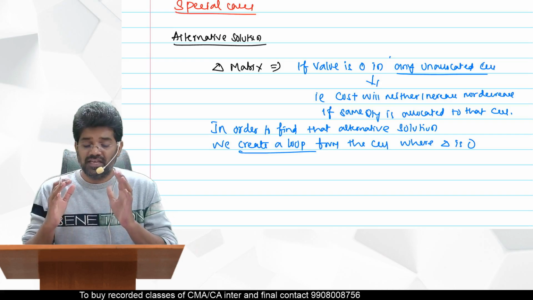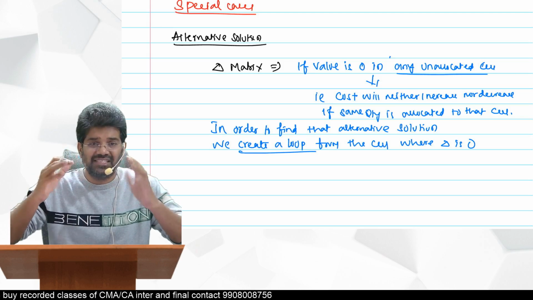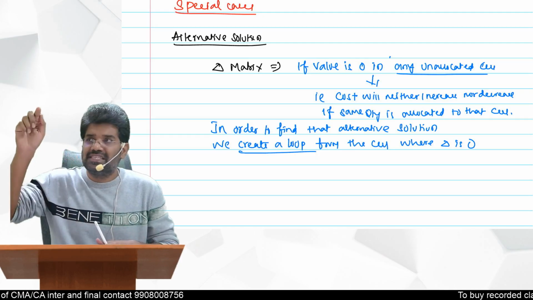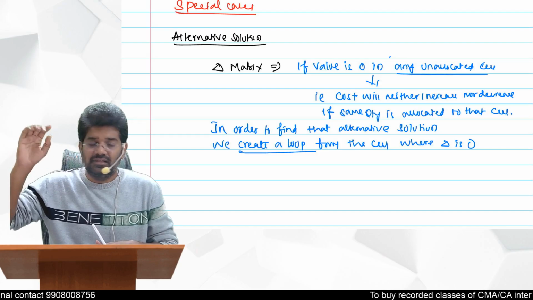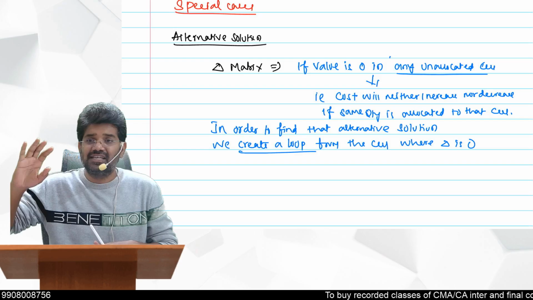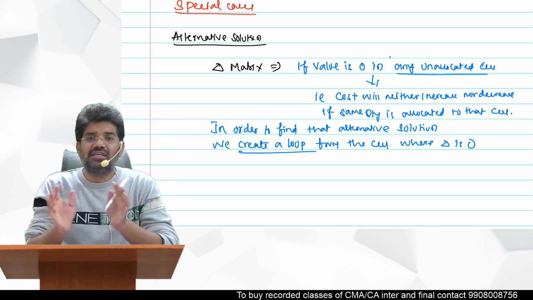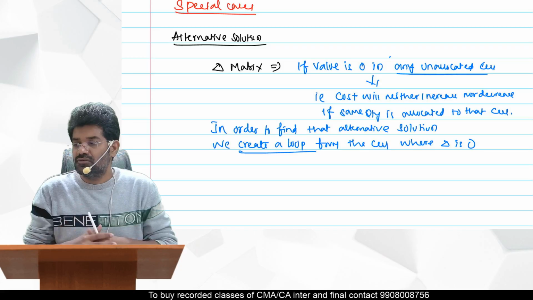Once again I'm explaining here. In the question, sometimes they will ask whether an alternative solution exists or not. So how do you realize that there is an alternative solution? When the change matrix unallocated value is equal to 0, that indicates that even if you allocate any quantity to that, it is not going to change the overall cost figure.